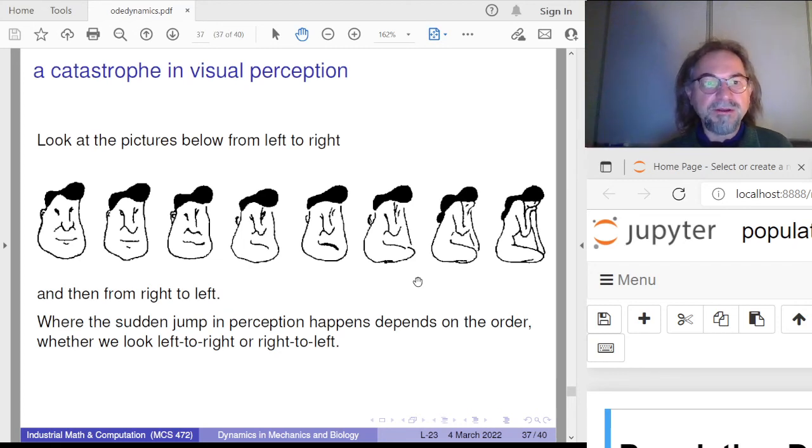So this is a sudden change in the perception, but it happens at a different place, depending on whether you look from left to right or right to left. So this is the hysteresis illustrated.